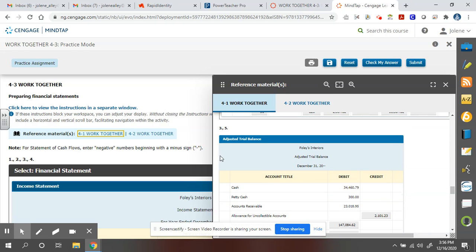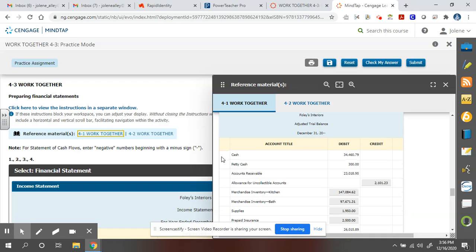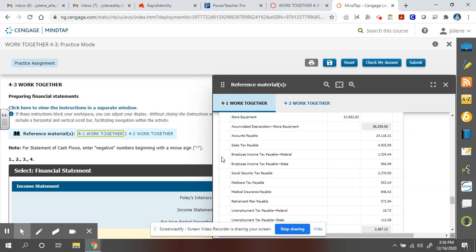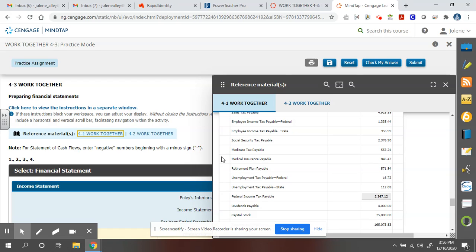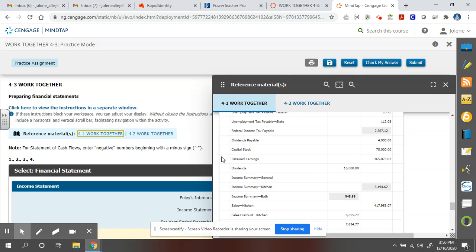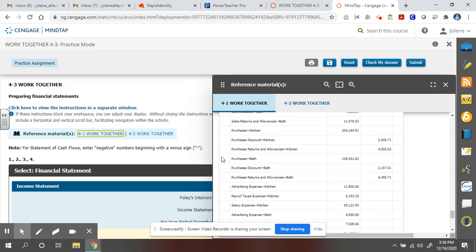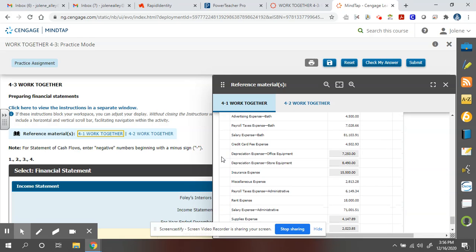Adjusted trial balance. Okay. Let's see if it's on here. Looking.